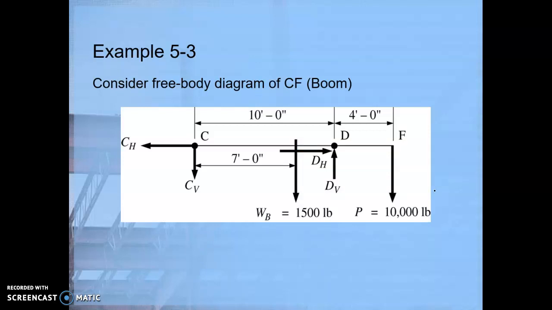And there is a little bit of trial and error here in terms of deciding which frame member is the best to start with. And there is not necessarily a right or wrong answer.